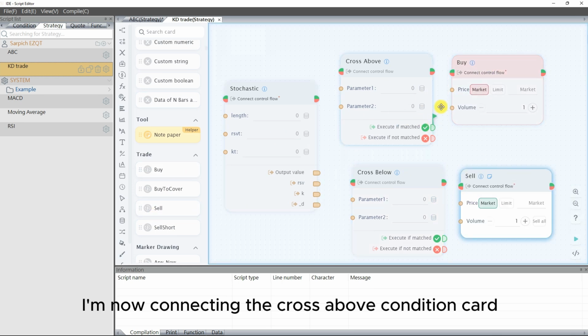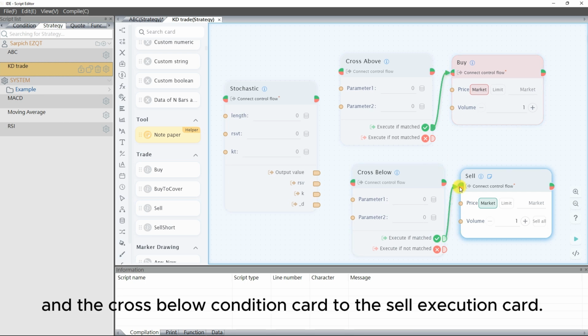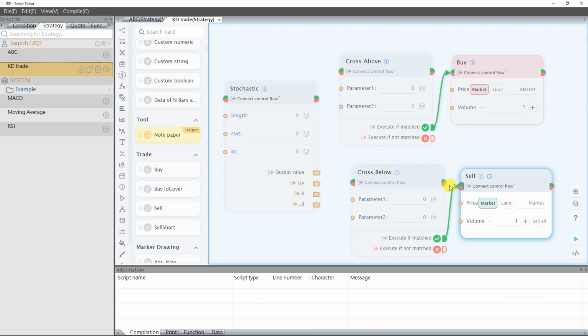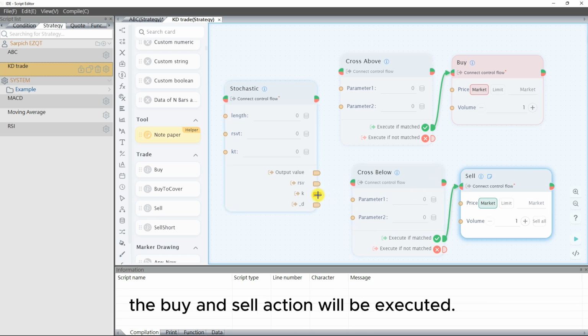I'm now connecting the cross above condition card to the buy execution card and the cross below condition card to the sell execution card. This means that when the current price crosses, the buy and sell action will be executed.